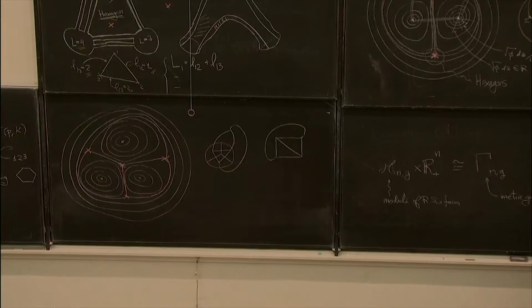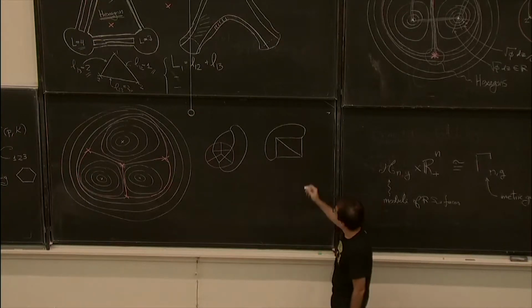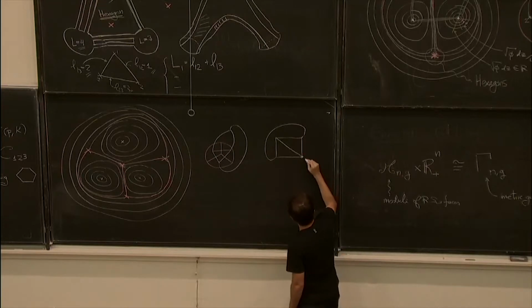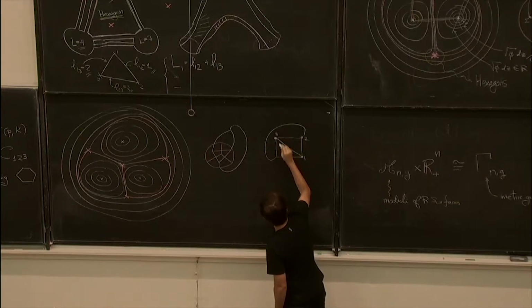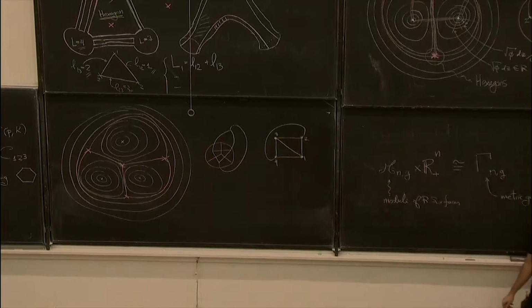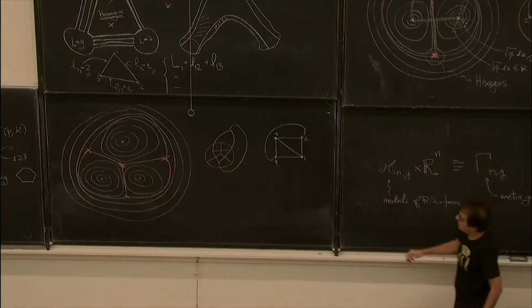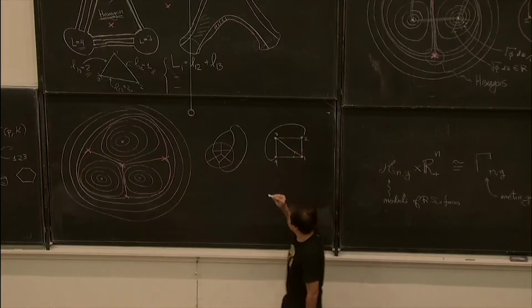And now the idea is to identify this graph with a gauge theory graph, where we have 4 punctures. This would be operator 1, this would be operator 2, this would be operator 3, and this would be operator 4. And remember, the length that I associate to these 3 lines, I read them off.